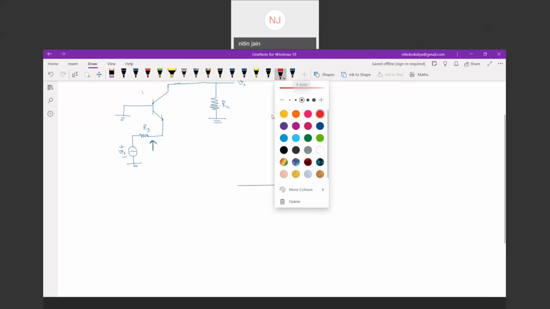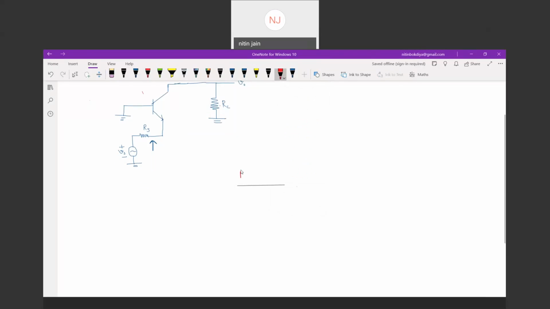What should I say? This terminal is base terminal. Then we are having one collector terminal. This is alpha into IE. Whatever you can write, beta into IB you can write, or you can write GM into VB.